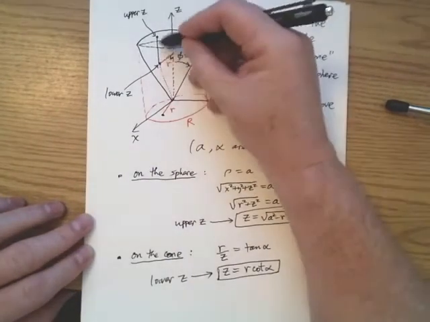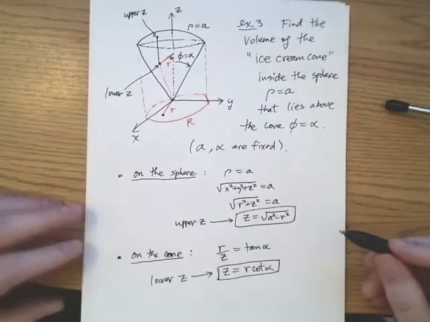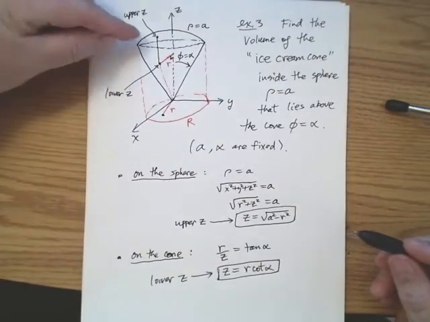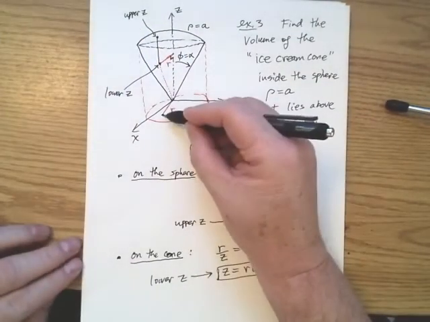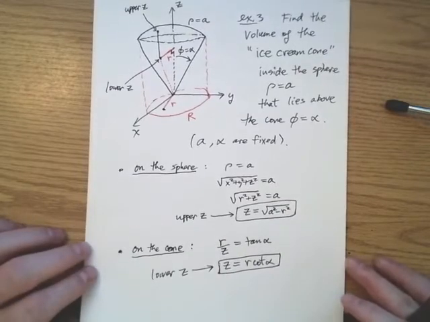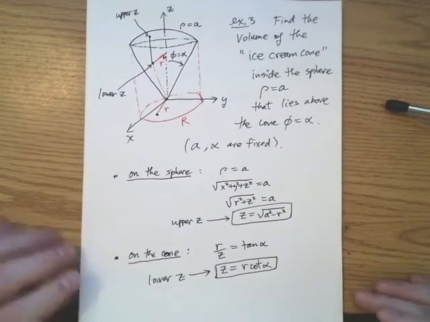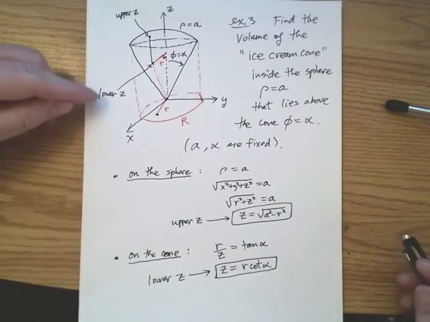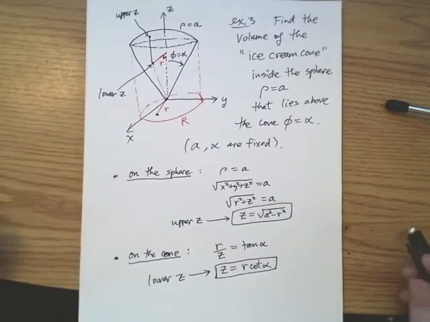So these lie right above each other. So I called this the lower z and the upper z corresponding to that particular point in the region R. That's going to be important here because when we set our limits of integration, we'll be integrating in the z direction first. So we'll be going from lower z to upper z here.